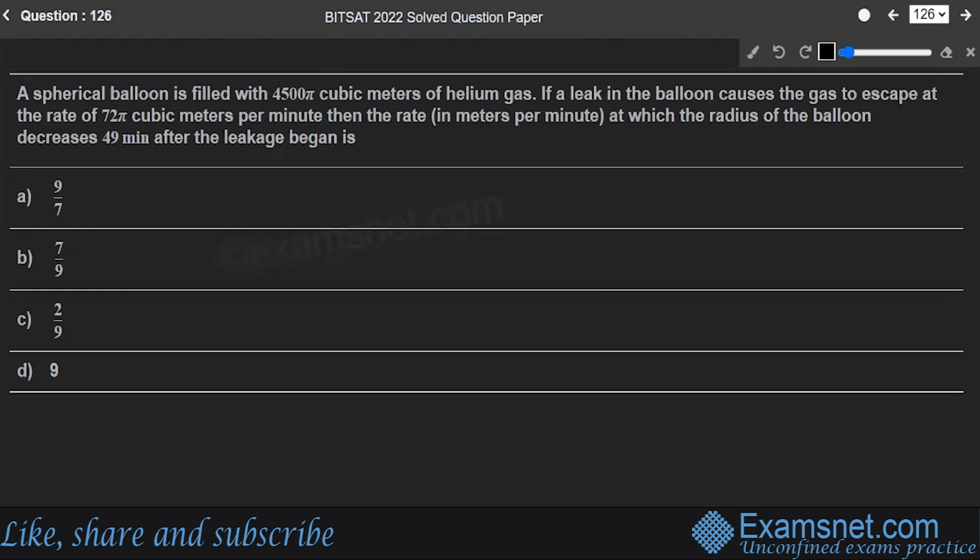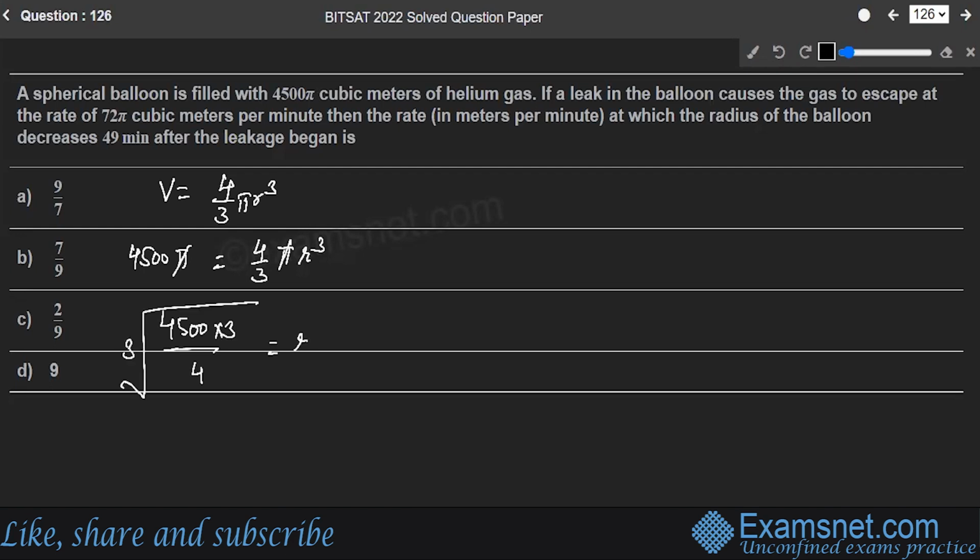First of all, the balloon is spherical in shape, and the sphere volume is given by 4 by 3 pi r cube. Initially, it has 4,500 pi cubic meters of helium gas. So 4,500 pi is equal to 4 by 3 pi r cube. Pi and pi will cancel. You will have 4,500 into 3 upon 4, whole under the cube root, is equal to r. On solving, you will get the value of radius as 15 meters.